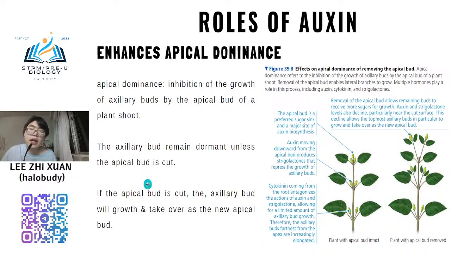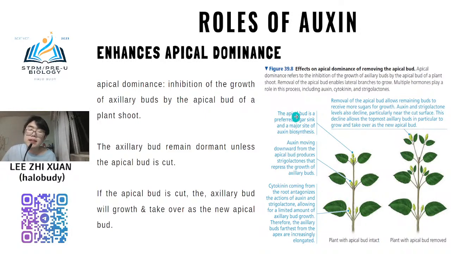And then if the apical bud is cut, the axillary bud will grow and take over as the new apical bud. So if you cut down the apical bud like that, it will totally cut off the auxin in the shoot of the plant. So the axillary bud will grow, so that it will look like this.